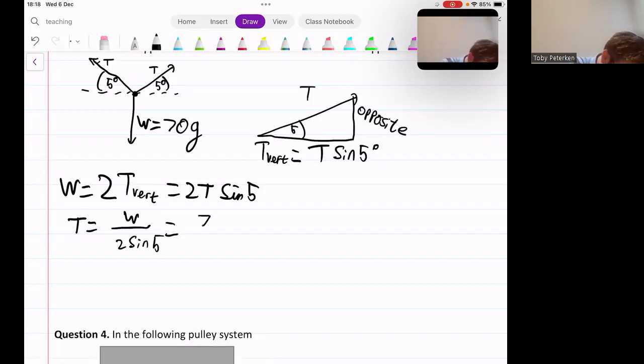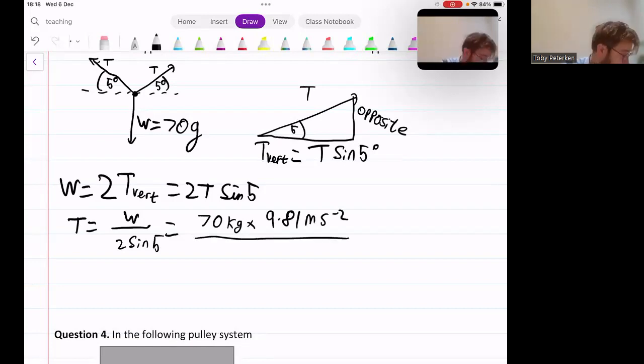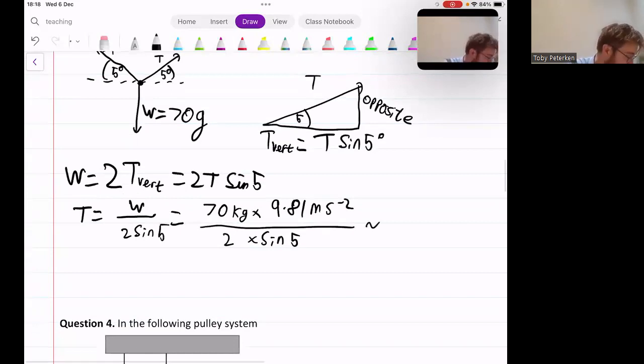So the weight is 70 kilograms times 9.81 meters per second squared. And then 2 times sine 5, which, if I type this into my calculator correctly, is 3,900 newtons.